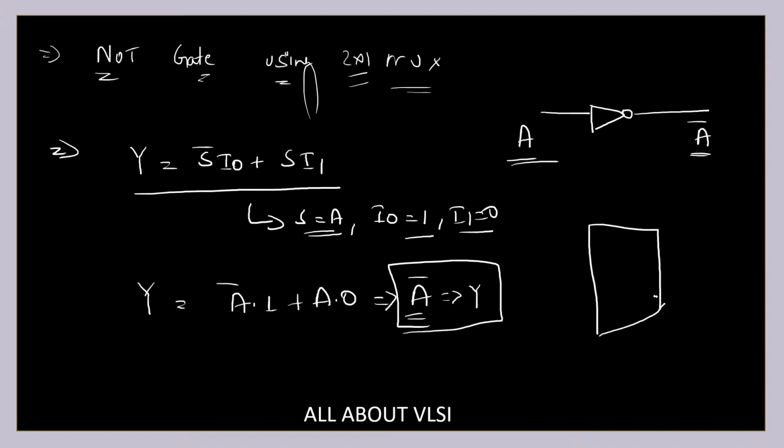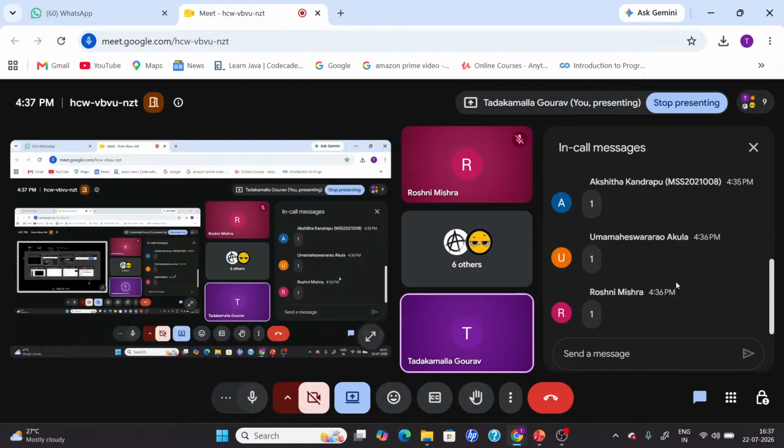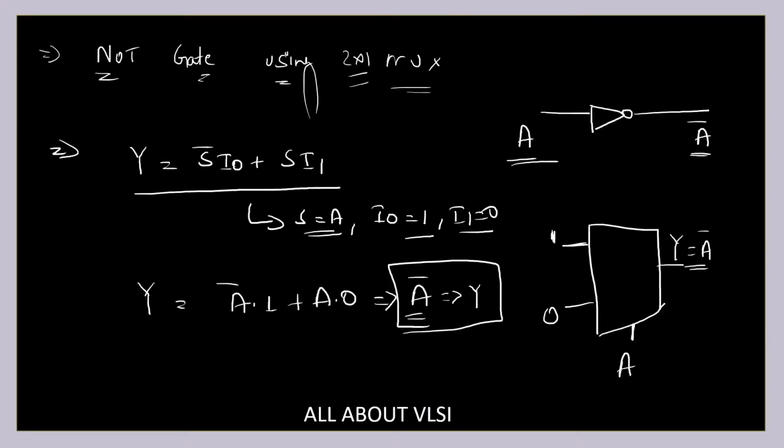I have a 2 cross 1 mux like this, connect I0 as 1 and I1 as 0, and take the select line as A, so that Y is equal to A complement. This is how I implement a simple NOT gate using a 2 cross 1 multiplexer.